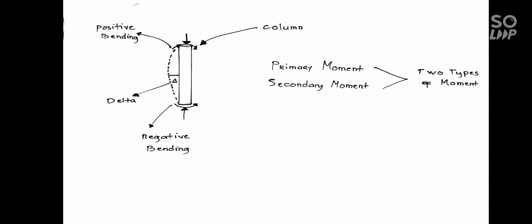Tanawon ninyo ang north ug ang south. Sa north, makita nga nabawag ang curve, mao na ang iyang positive bending. While ang sa south nabawag paubos, mao na ang negative bending.